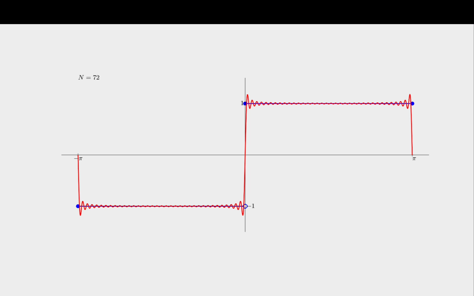But notice that because every term in our Fourier expansion is a sine function, our Fourier series is 0 at -pi, 0, and pi, but our function isn't. So we can't actually even hope to get pointwise convergence at those points.